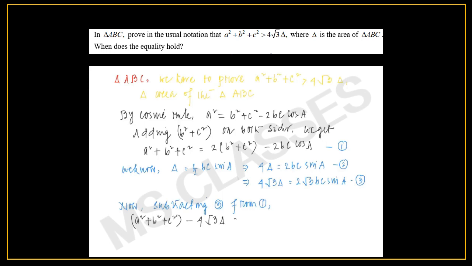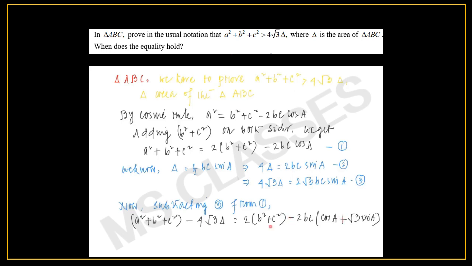And from this we can say that twice b square plus c square minus 2bc common, and we get here cos A minus root 3 sine A. Now here we had minus, now it is also subtracted, so this will be ultimately minus minus plus, because minus has been taken common, so this will be plus.